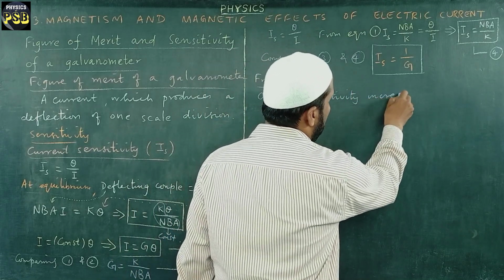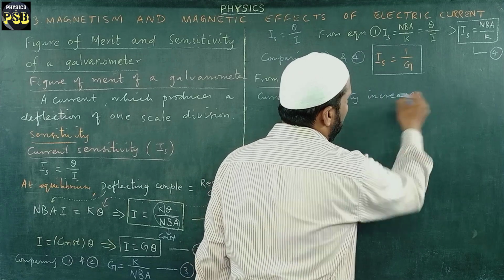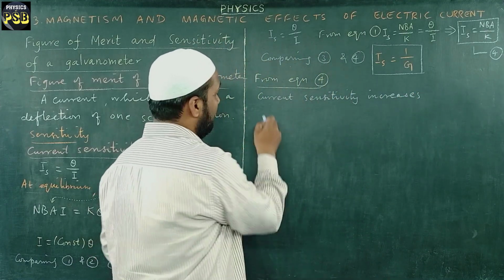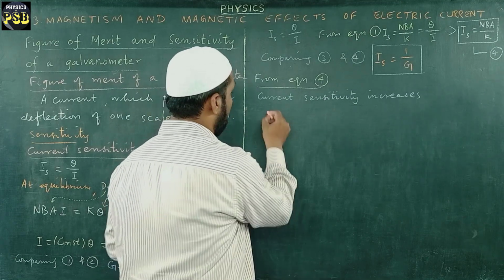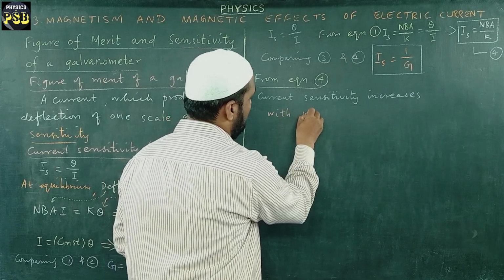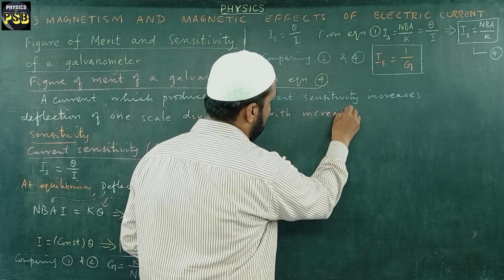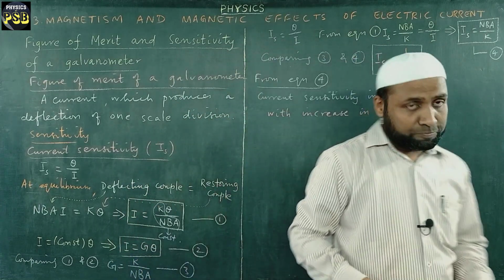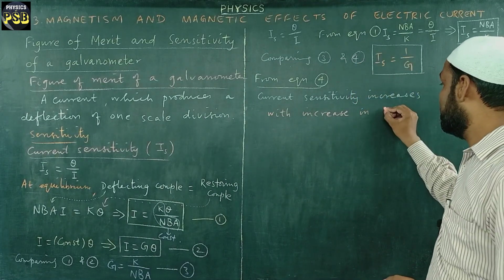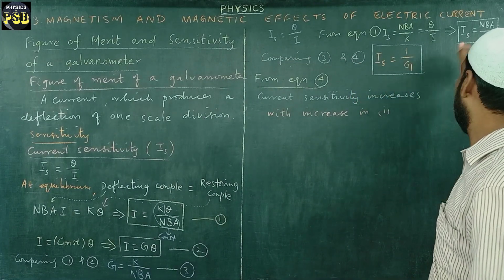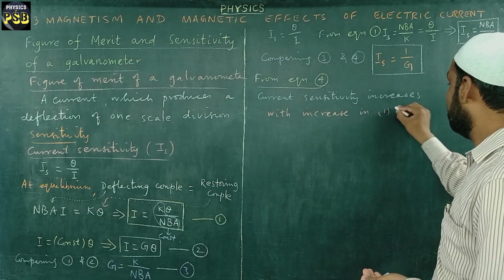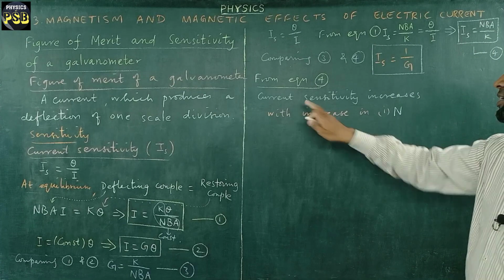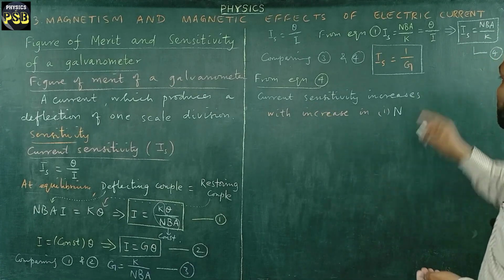If you want to increase current sensitivity, then what has to be done? Current sensitivity increases with increase in the value of N. If you can increase the number of turns of the coil, current sensitivity will increase because it is present in the numerator.